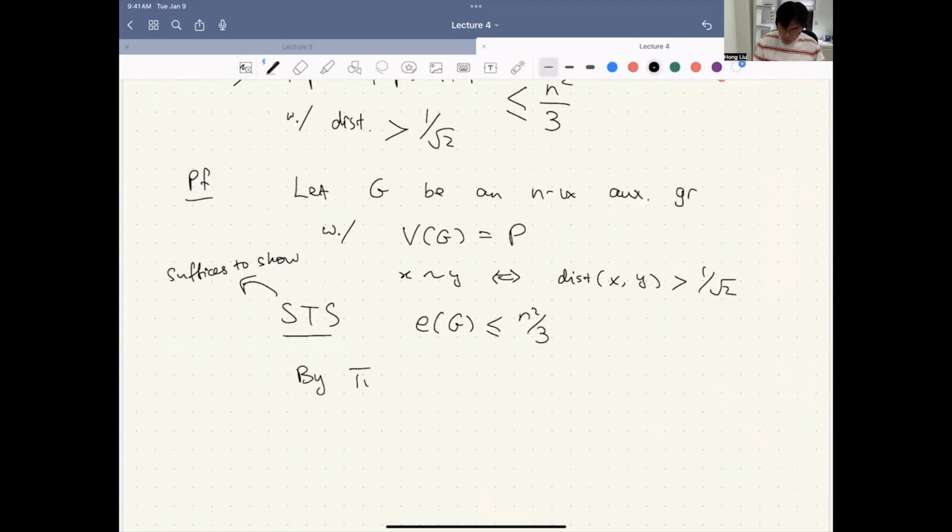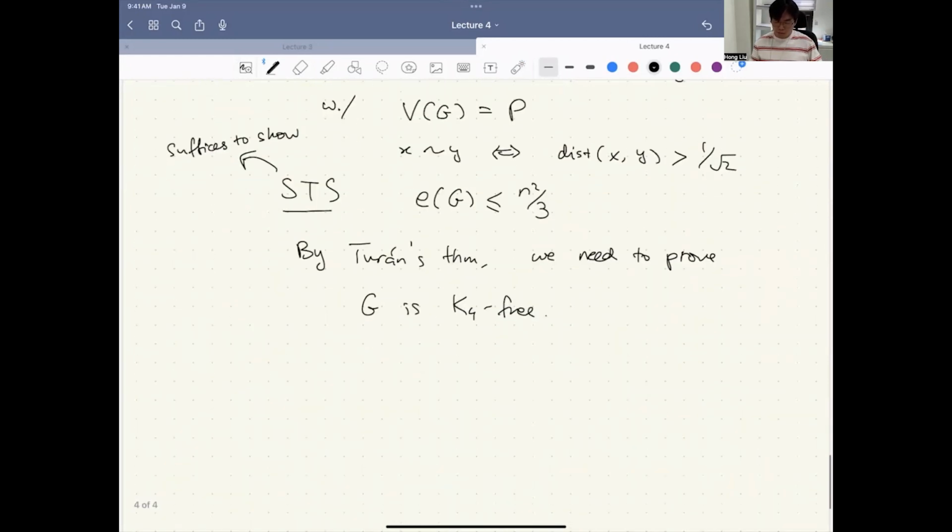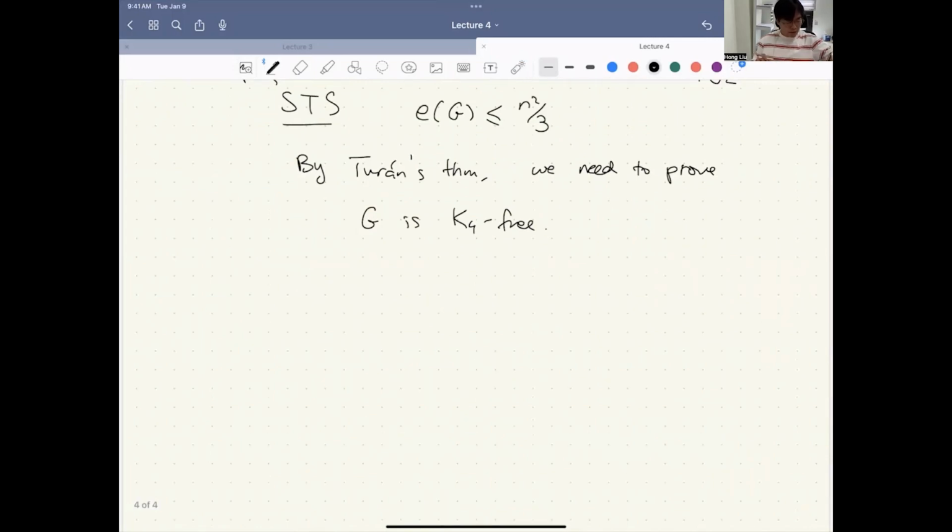By Turan's theorem, we need to prove G is K4-free. You don't have a 4-vertex complete graph. Okay, so let's prove that.